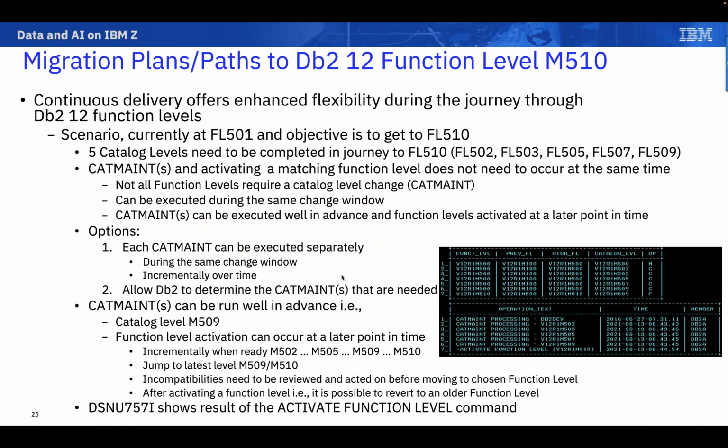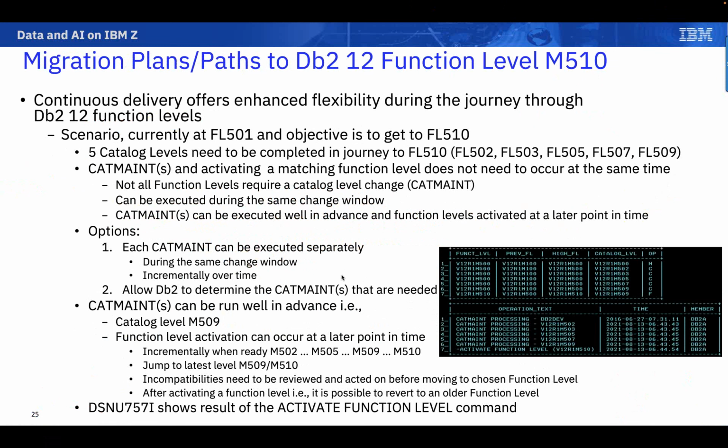So obviously the ultimate goal is to get folks to function level 510 as quickly as possible. And John just said there's 5 catalog levels with 7 columns and 3 global variables, if I remember correctly. So you have some options for how you want to get to 510.